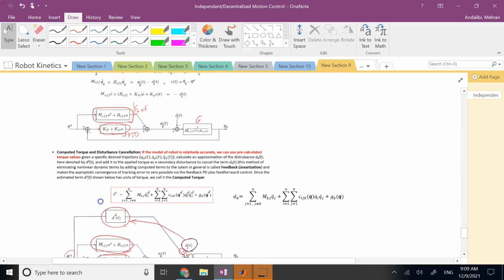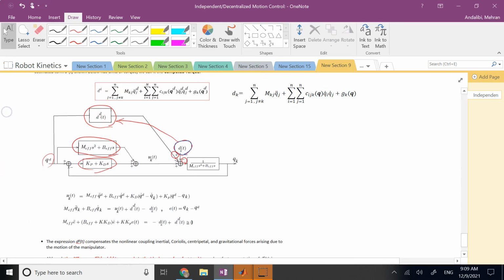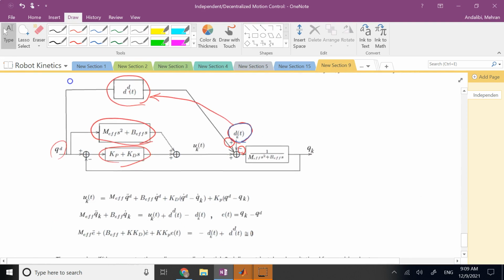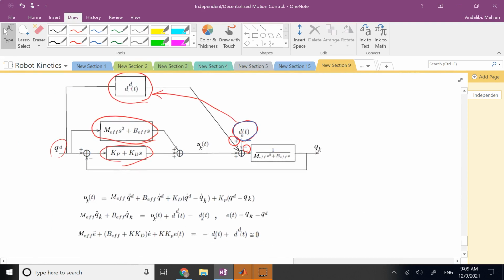And what does this do? Well, let's look at the dynamics here. If I plug such a thing in the system, what's going to happen? So here, the input to the system, UK, other than DD, UK, due to feedback and feed-forward, is going to be M effective QD double dot, right? Because this S squared is double derivative.